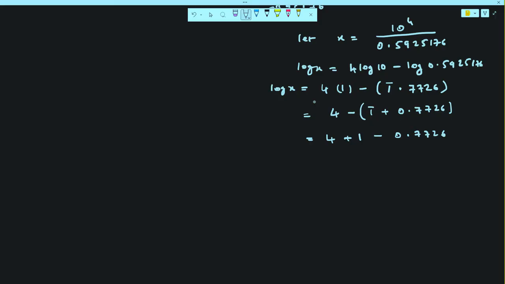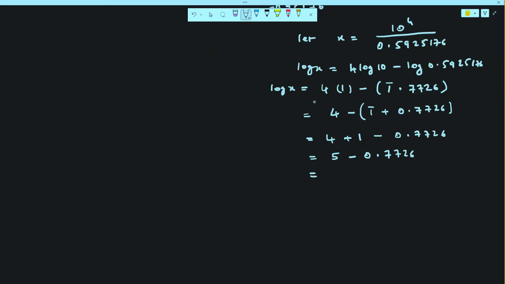See, the 1 bar becomes positive by multiplying with the minus before it, so it is plus 1. But this part is positive, so multiplying with minus, it becomes negative. Therefore 5 minus 0.7726. Again we will do the same.